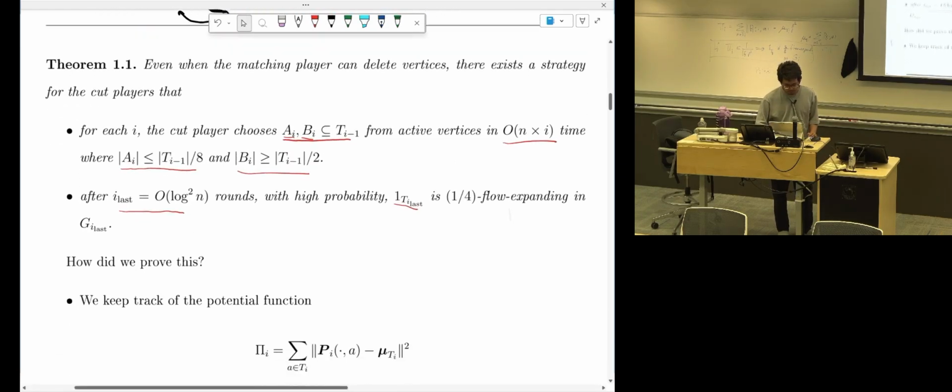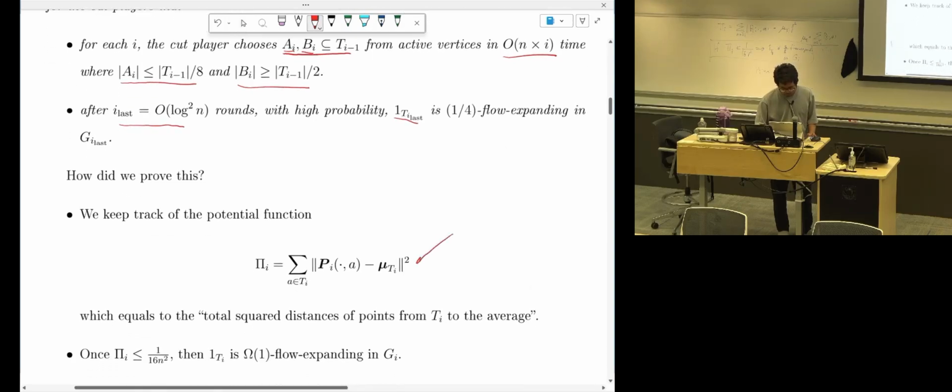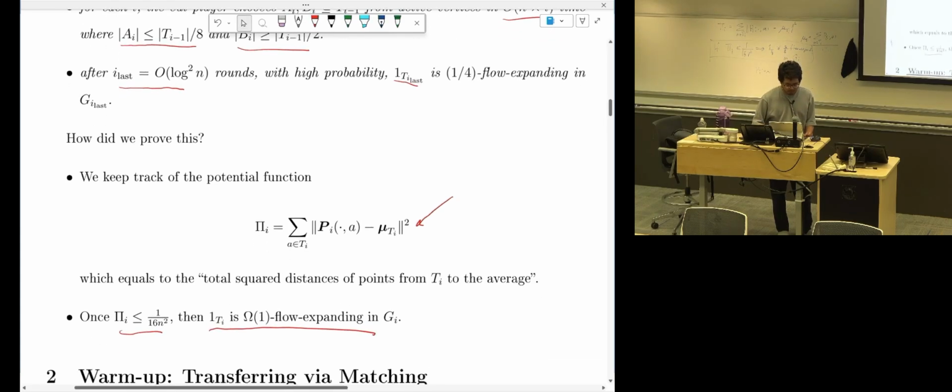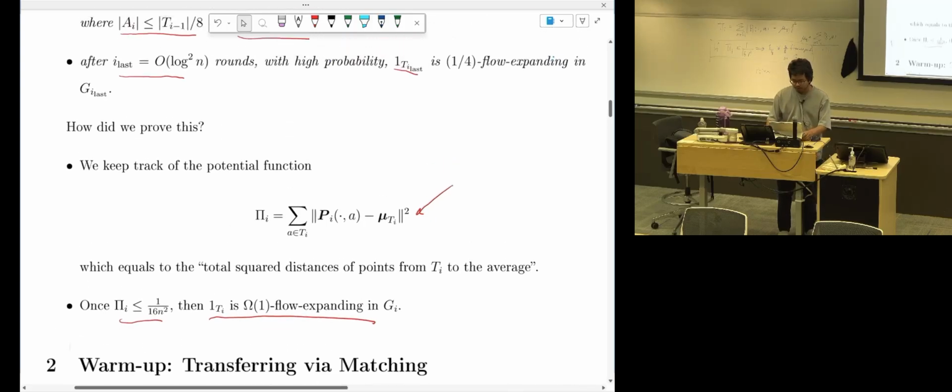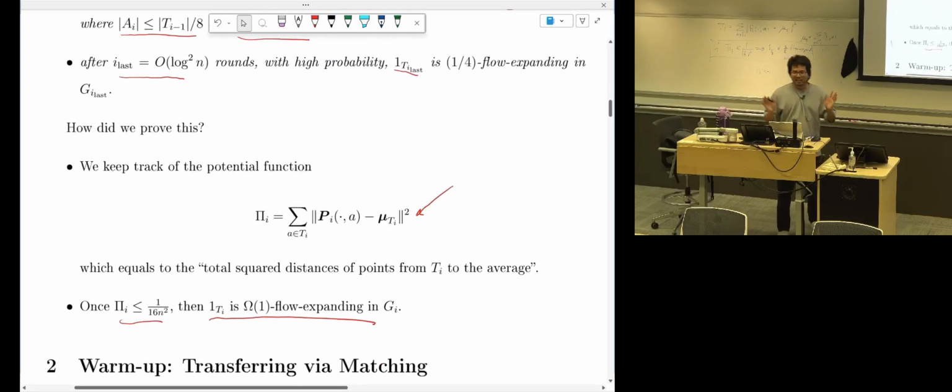We prove this by looking at this potential function, right? Once this is small, then this is expanding. So that's what we learned about the game with deletion.